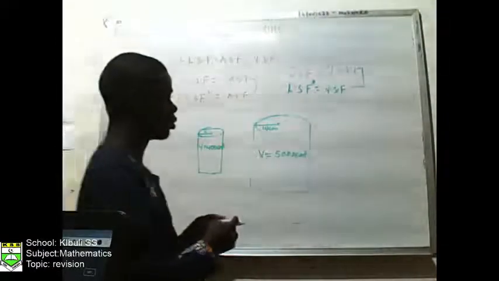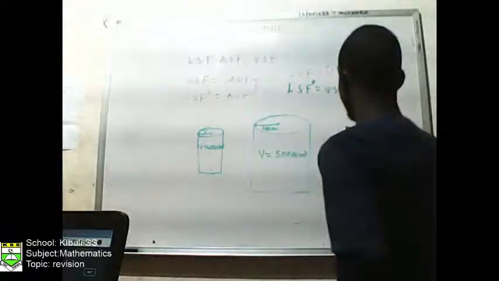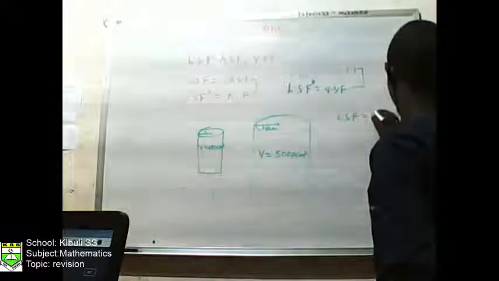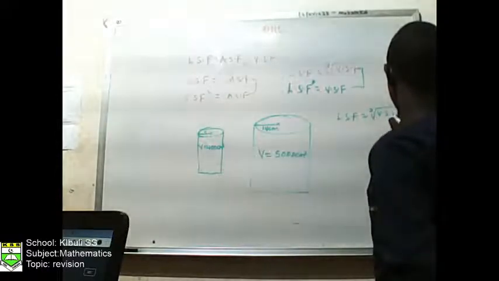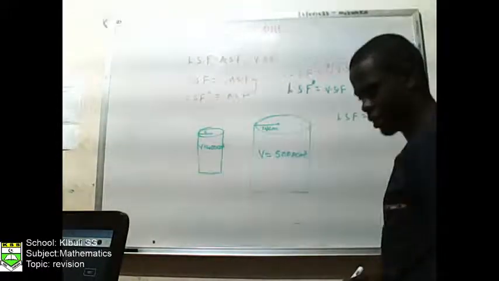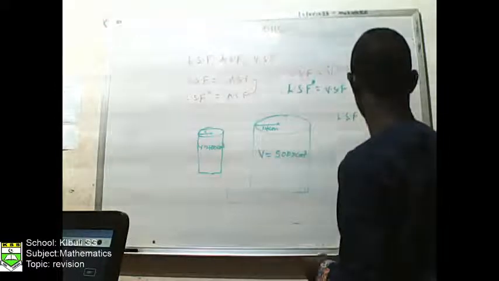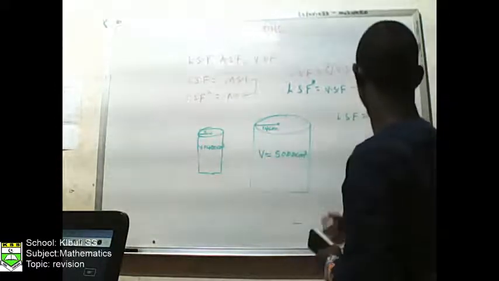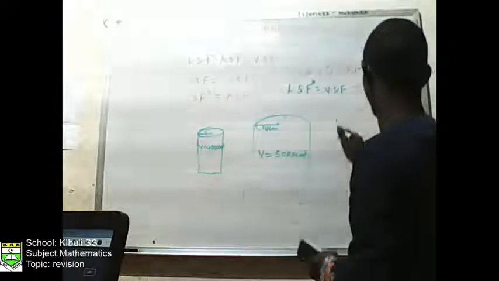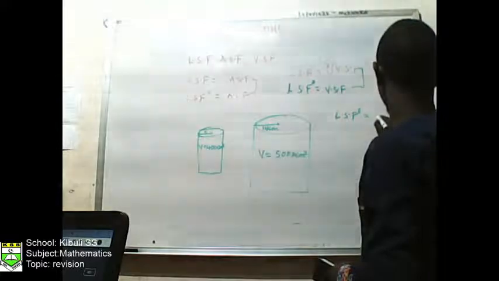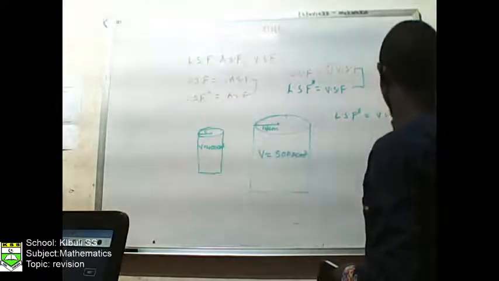So what you do, you'll say that the linear scale factor is equal to the cube root of the volume scale factor. Or you can say that the linear scale factor cubed is equal to the volume scale factor.